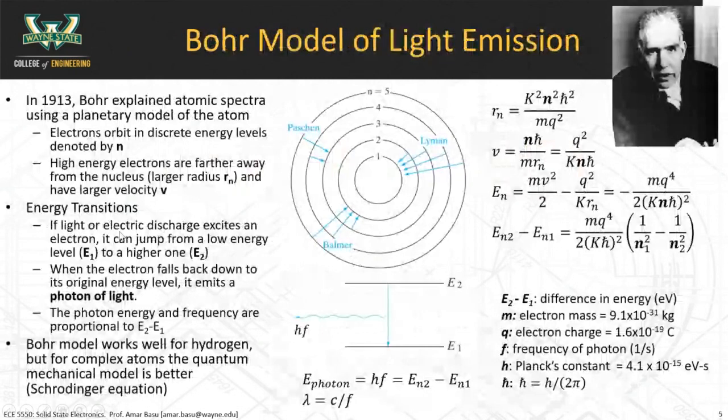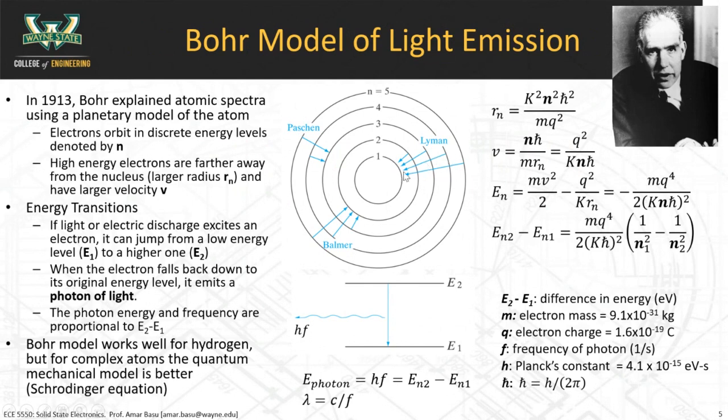So with the electric discharge, an electron jumps from a ground state to an excited state. Let's say it transitions from energy level 1 to energy level 3. And then after some time, it falls back to the original energy level.